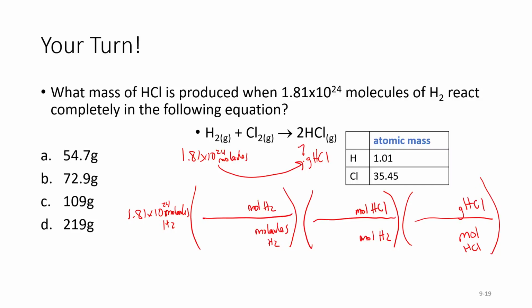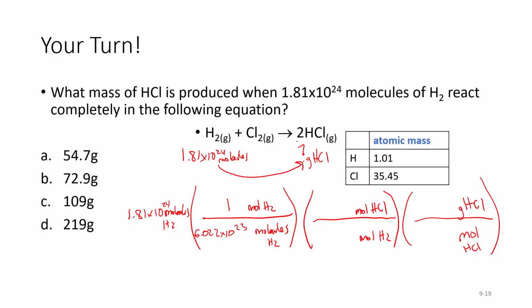So now here we're going to fill in our conversion factors. We're converting between moles and molecules of the same substance. We're going to use our standard of 1 mole is equal to Avogadro's number, 6.022 times 10 to the 23rd molecules. Now here we're converting between different substances. So because we have our mole-to-mole ratio here, we're going to use the coefficients.